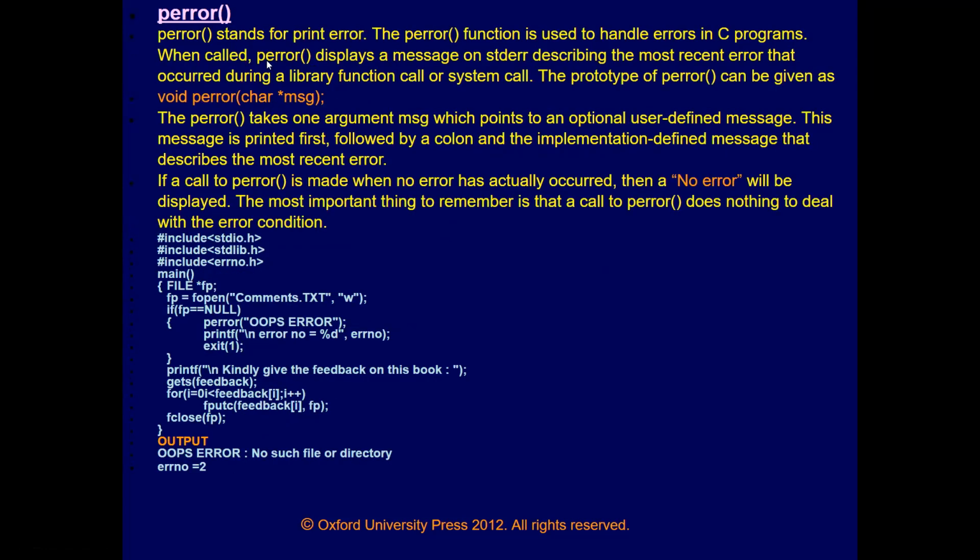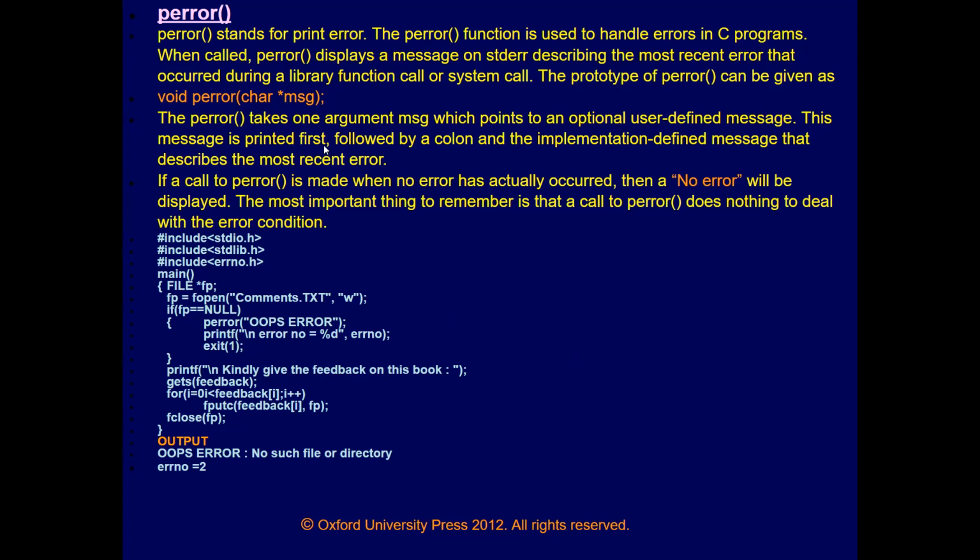perror stands for print error. The perror function is used to handle errors in C programs. When called, perror displays a message on stderr describing the most recent error that occurred during a library function call or a system call. The prototype of perror is void perror(const char *message). It takes one argument, message, which points to an optional user-defined message.